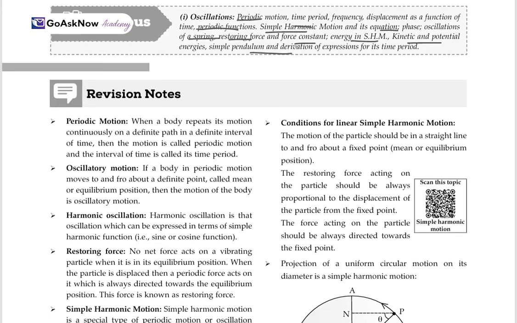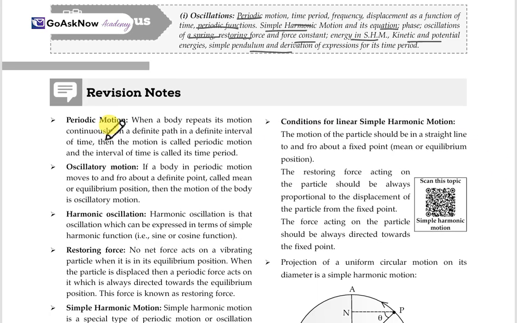So let's go ahead. Firstly, we'll study the basic terms which will be used for oscillation. Firstly, the periodic motion. What actually is periodic motion? When a body repeats its motion continuously on a definite path in a definite interval of time, the path is already defined, and the time interval is also definite.